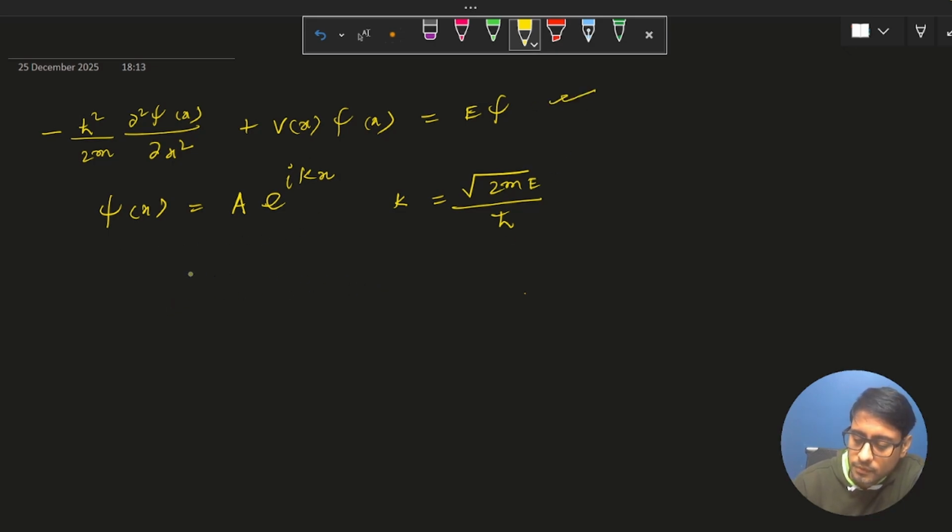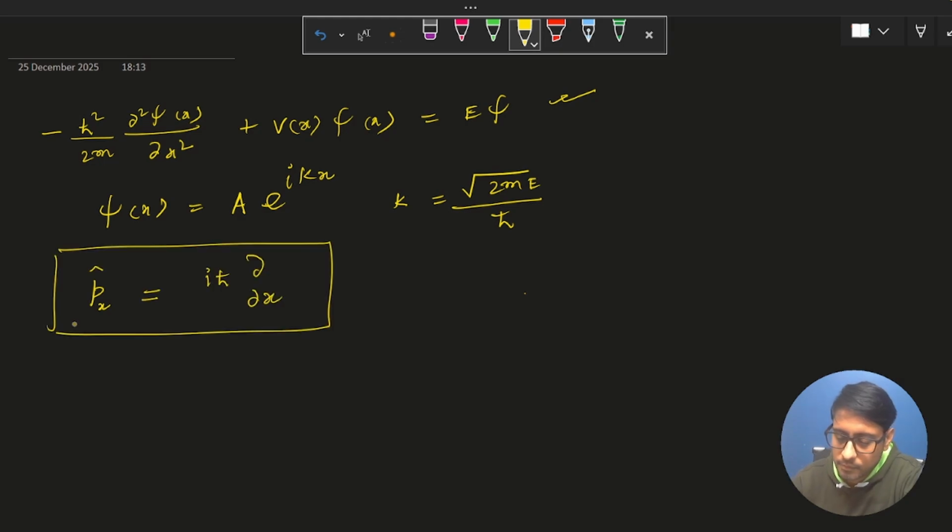Now, we proved the second result: the momentum operator p_x, or simply p for the one dimensional case, is equivalent to minus i h bar del over del x. We showed how this is possible, and why this operator can be represented like this.